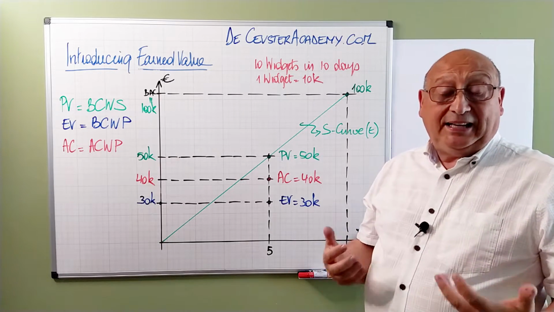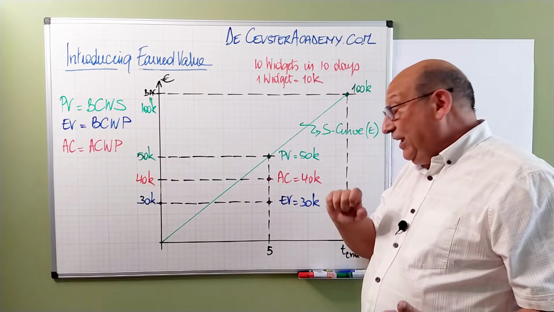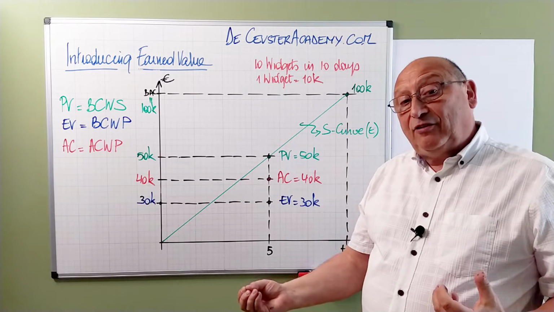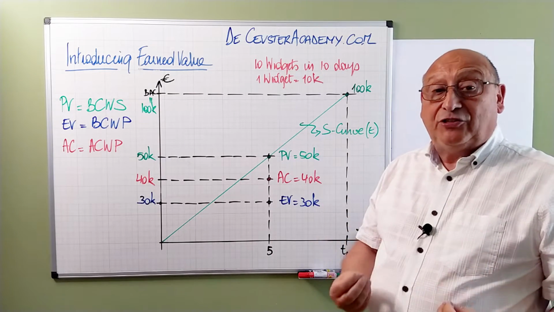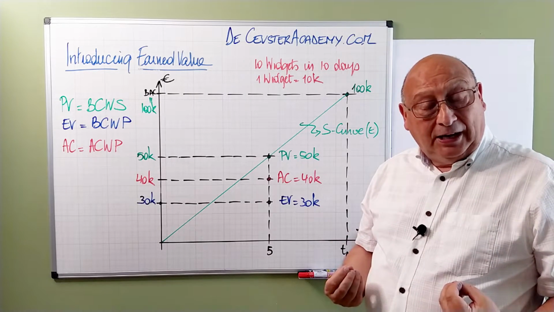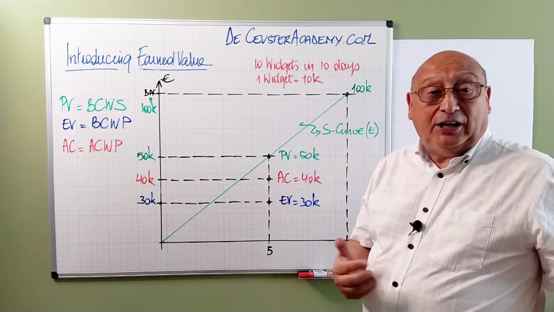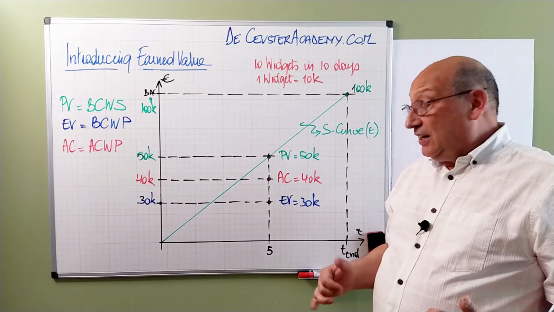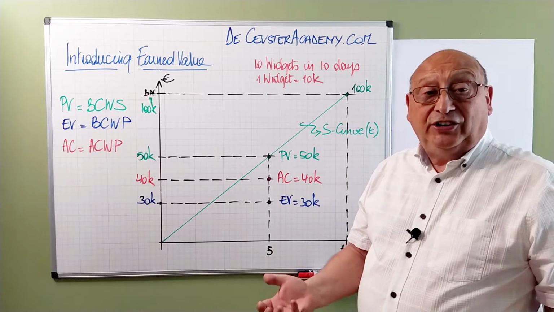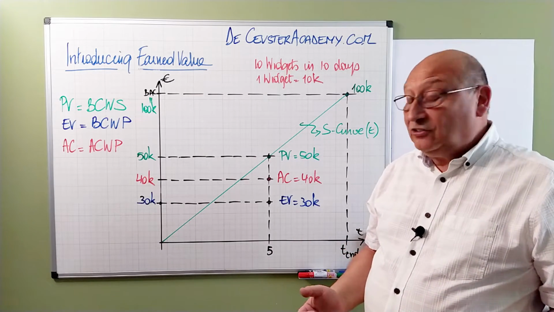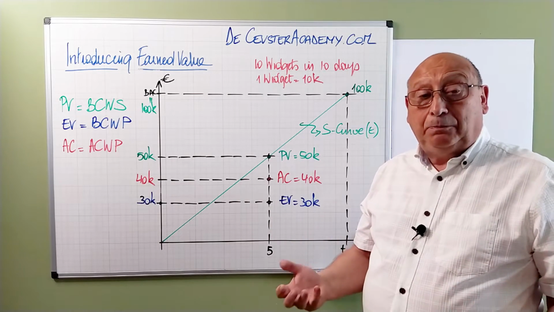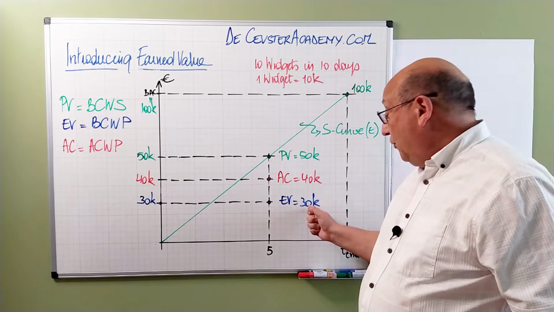From our team, I get the message that we made 3 widgets. So this means we planned to make 5, we only made 3. This information tells us that we are behind schedule. I expected to make 5, but I only did 3. So basically, when I multiply the deliverables, the widgets that I created, with the cost of one widget, I can say that the earned value at this moment at period 5 is 30K.